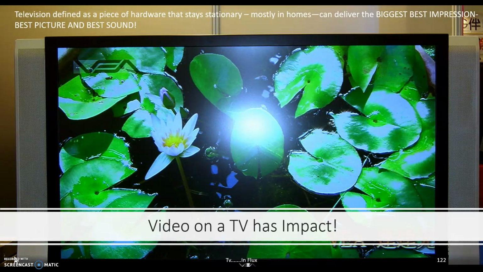But I guess what we get back to, in a way, is that, remember when we did definitions of television, the first one was programming sent over the airwaves or the cable or whatever to a device you can look at. And then the second definition was the device, the television. And this is a television. It's not a phone. It's not a computer screen. It's a television.